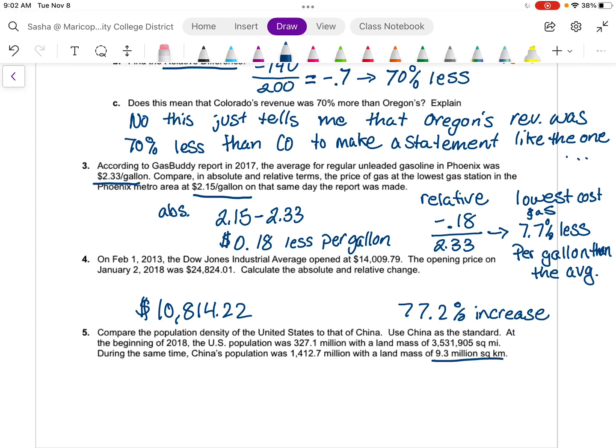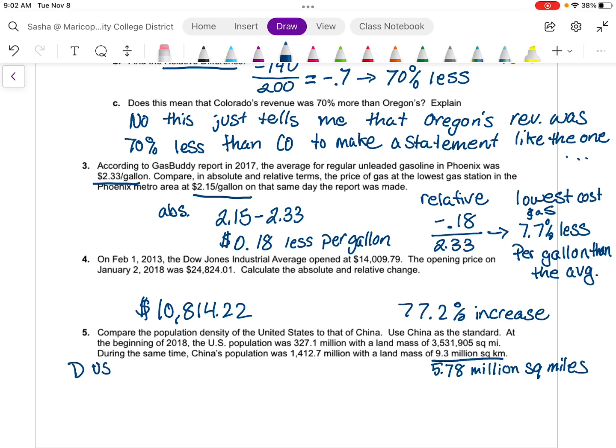So I converted that 9.3 million square kilometers into 5.78 million square miles.